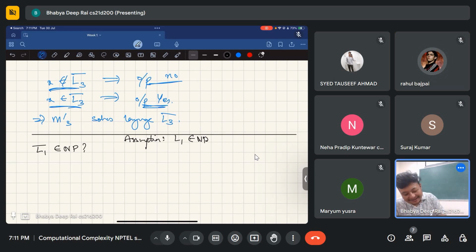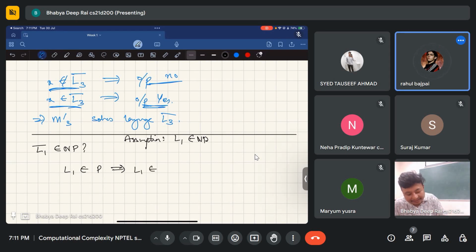What you mean is that if both L1 and its complement are in NP, then L1 is in P. This is what you mean, no?